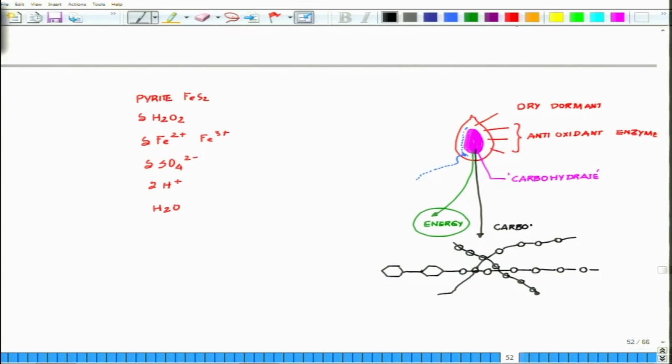Now, in order to break a carbohydrate molecule, each one of these individual units that you see are the monomers. These monomers are attached, forming a polymerized structure, through a bond called the glycosidic bond, which is this one.